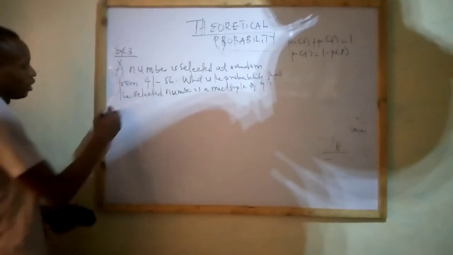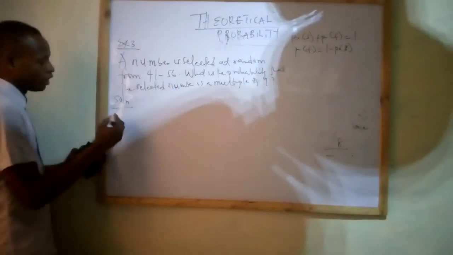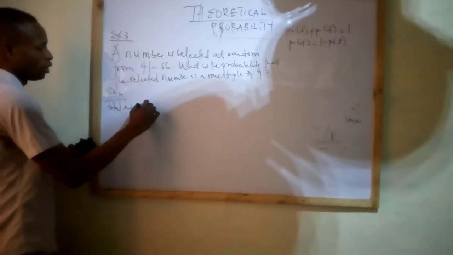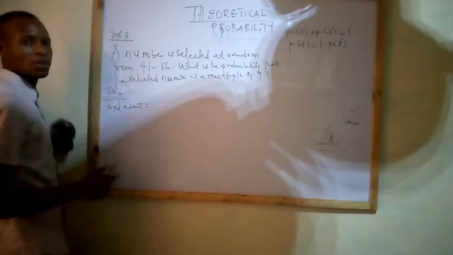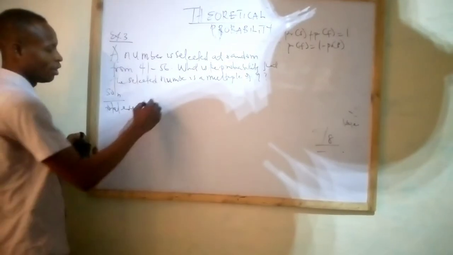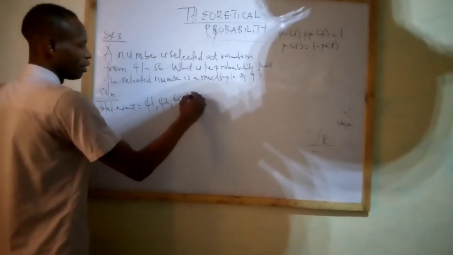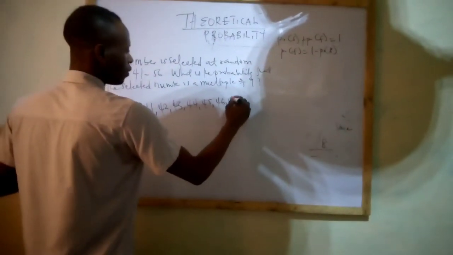Now, solution. To get the total event here, we simply say total event is equal to, now we can simply arrange these values, but it's a waste of time. Let's just list 41, 42, 43, 44, 45, 46, and so on.